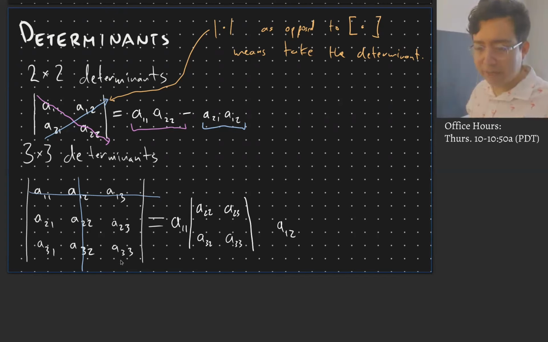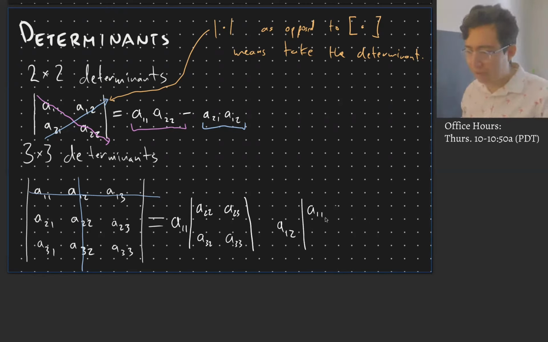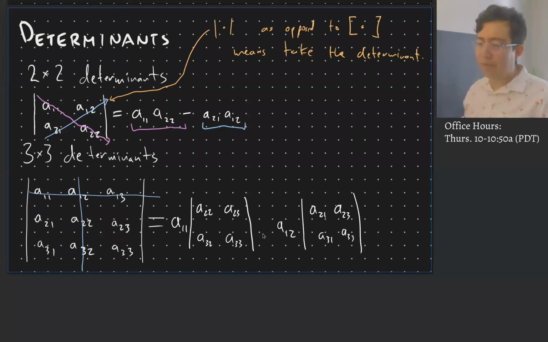Now we take these remaining four as a matrix and take the determinant. This one's harder to see because they're not next to each other, but we see A21, A23, A31, A33. And now this one gets a minus sign. I guess that's not super weird because there's a minus sign here.